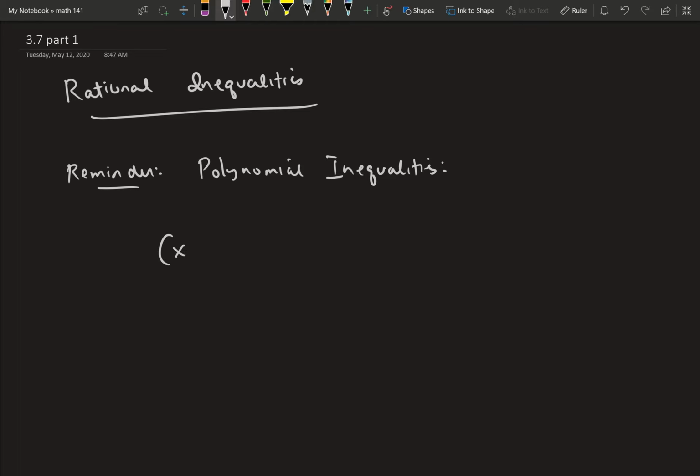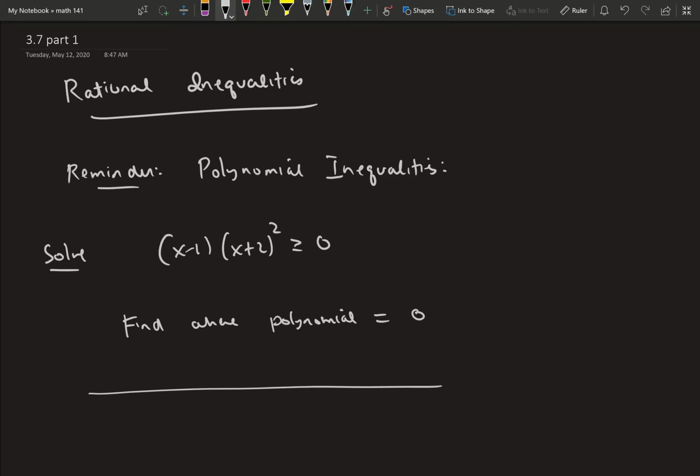So let's say you have x minus 1 times x plus 2 squared. We want to solve for what values of x is that greater than or equal to 0. Well, you find where the polynomial equals 0, and then you divide up the real line over there.